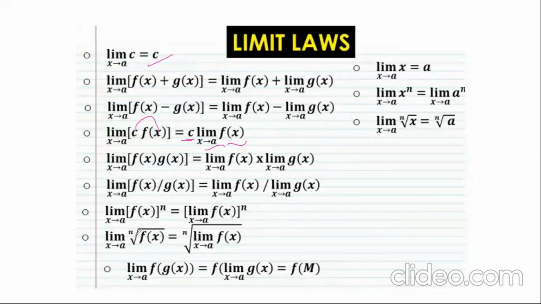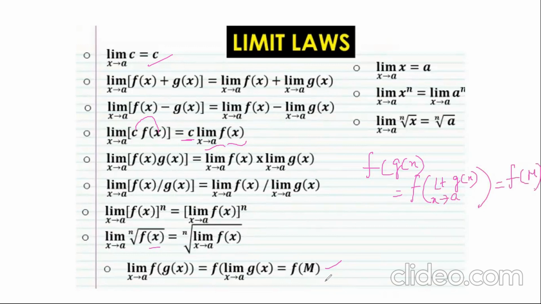Then the root of a function: limit as x tends to a of nth root of f of x is nth root of limit of f of x as x tends to a. Next, the last one is composite function. What is composite function? That is f of g of x, which is equal to f of limit of g of x as x tends to a, which becomes f of m, right?